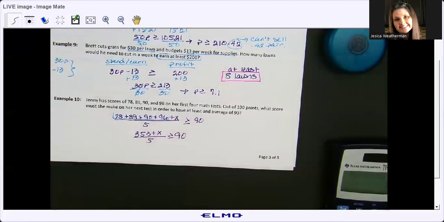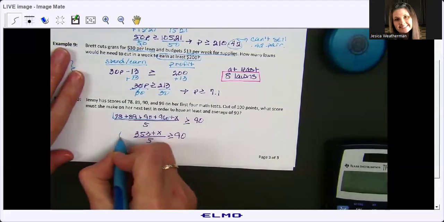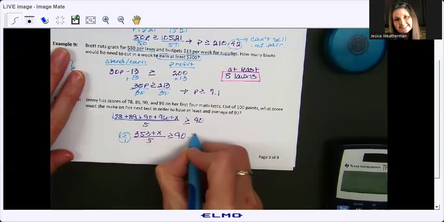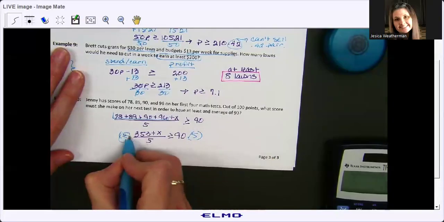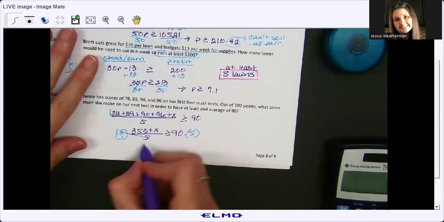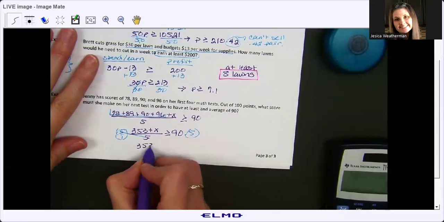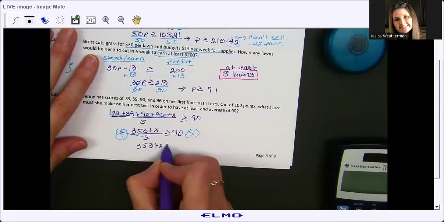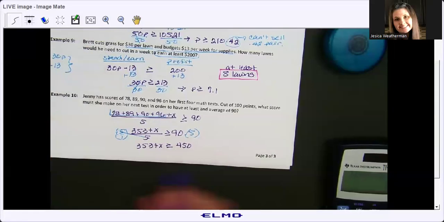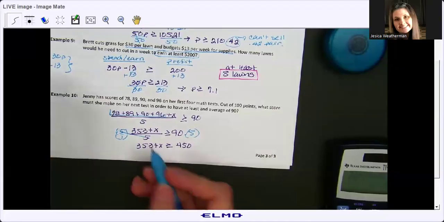Now what are we going to do? Multiply both sides by 5. So when I multiply by 5, these cancel out. Left with 353 plus x is greater than or equal to 450. Now we're going to subtract 353.